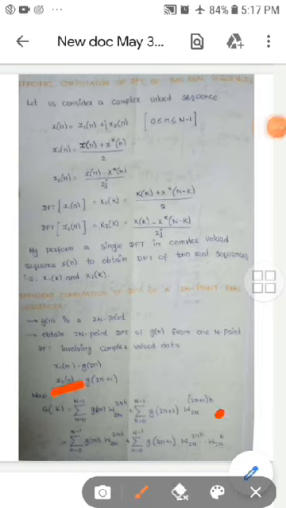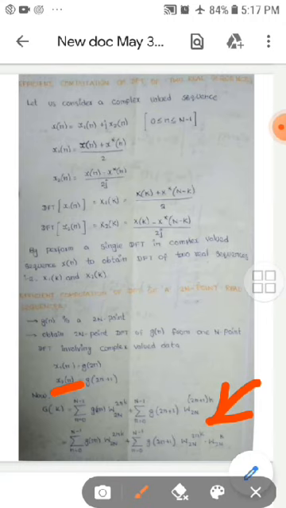So G of k equals X1 of k plus W 2N to the power of k into X2 of k, and G of k plus N equals X1 of k minus W 2N to the power of k into X2 of k.